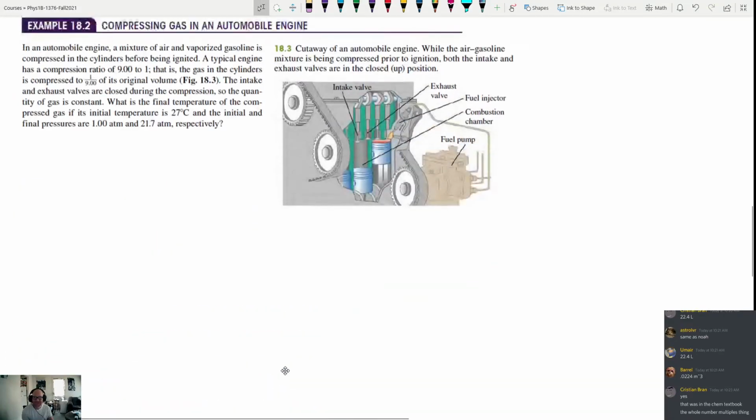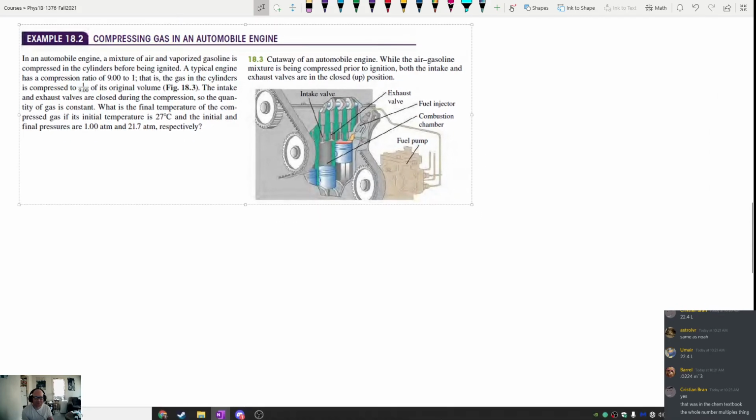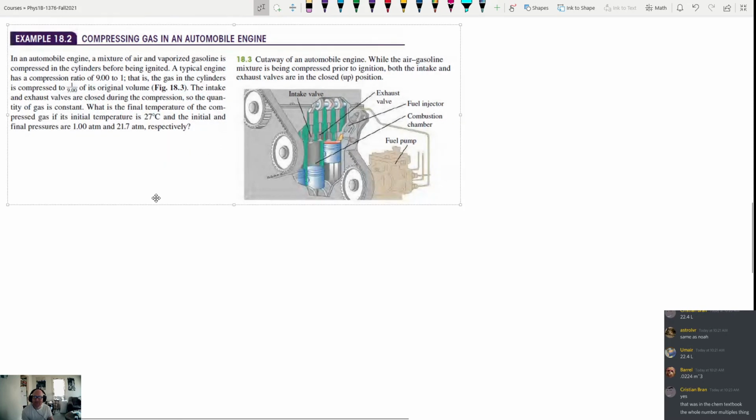I guess the very last one we're going to do here is kind of hard. So let's look at this one here. I'll give you also time to look at it as well. All right, so in an automobile engine, a mixture of air and vaporized gasoline is compressed in the cylinders before being ignited. A typical engine has a compression ratio of 9:1. That is, the gas in the cylinders is compressed to 1/9 of its original volume.